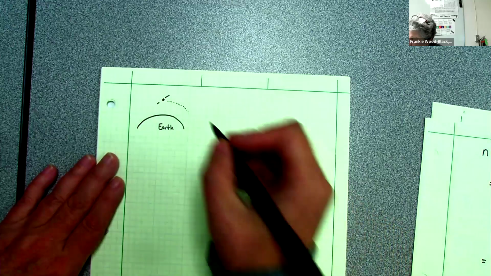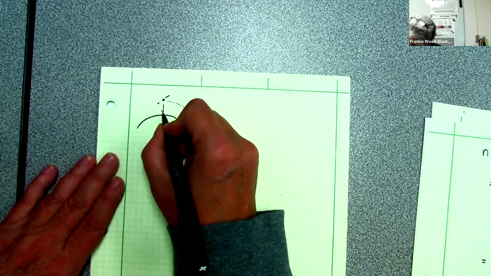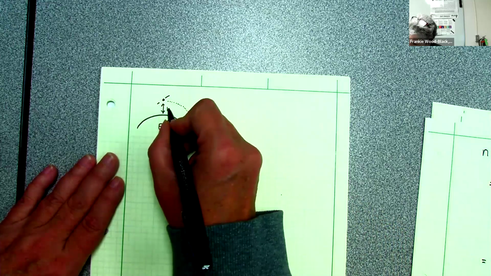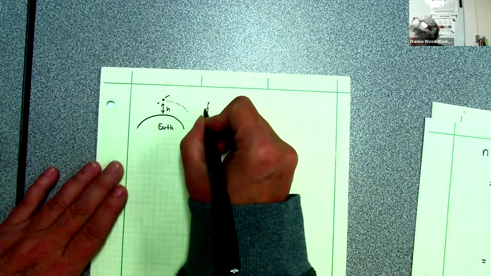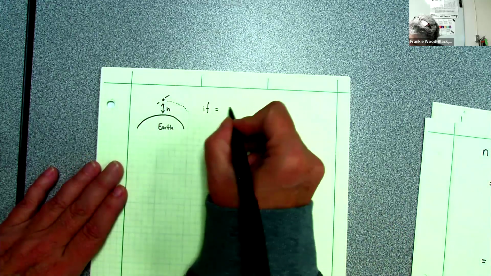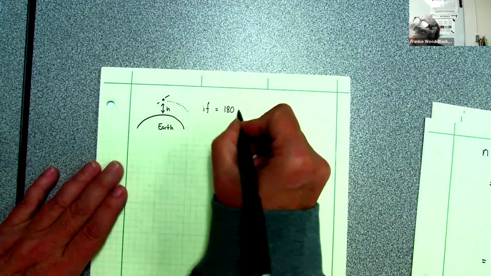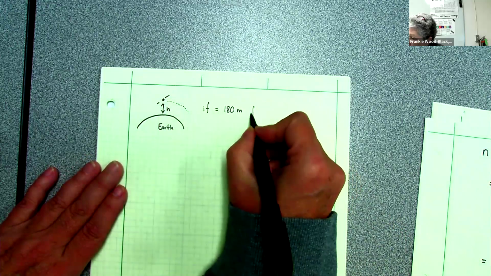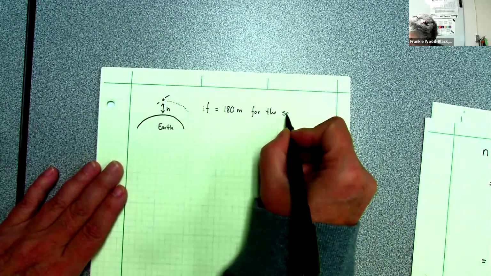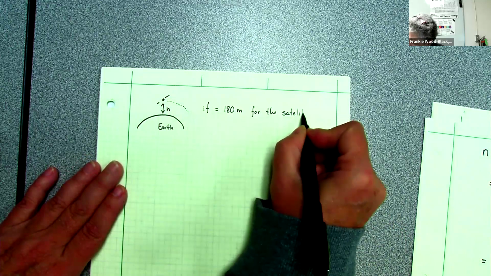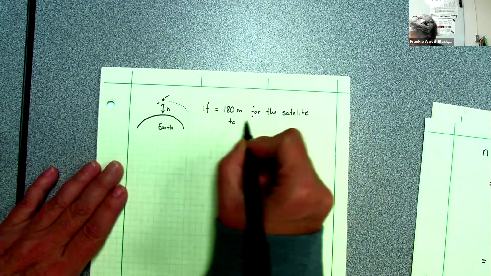We want to find the altitude above the Earth if we know that it takes 180 minutes for the satellite to complete a rotation.